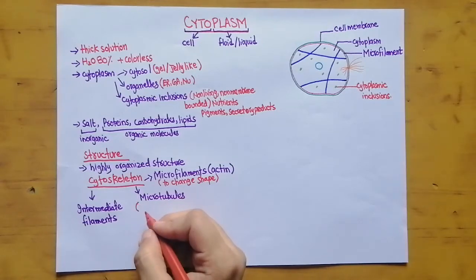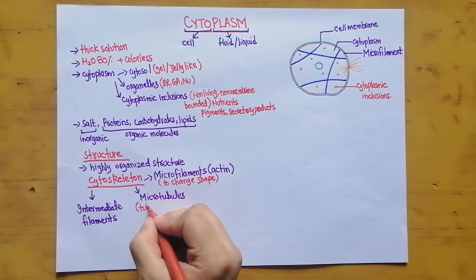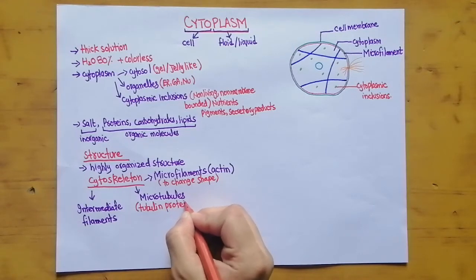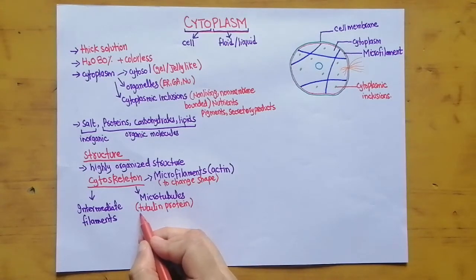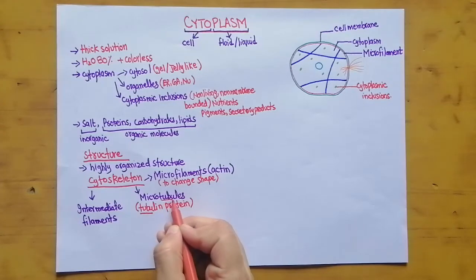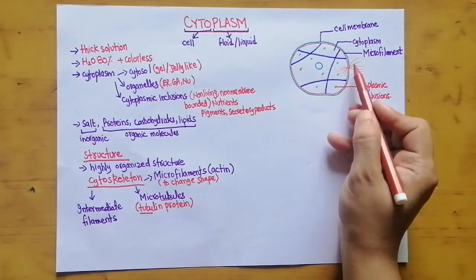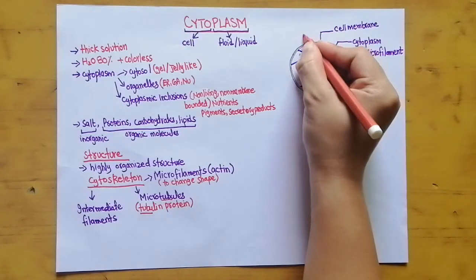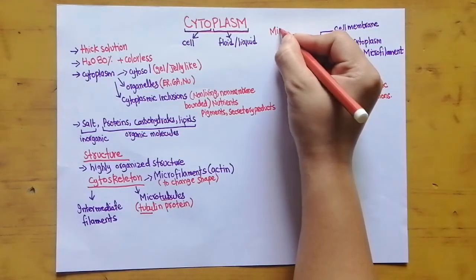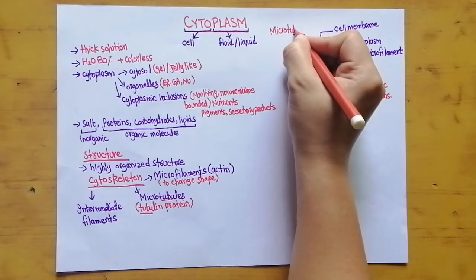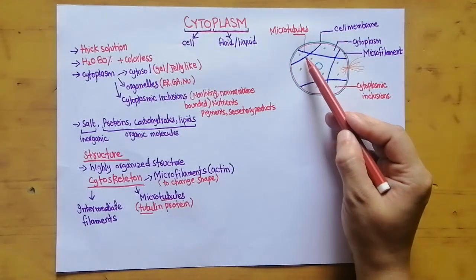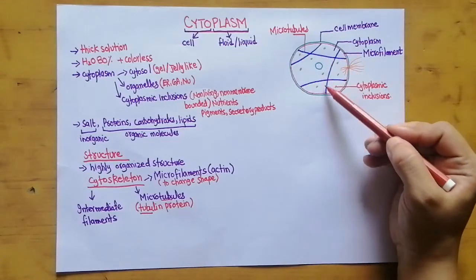The second one is microtubule. The microtubules are made up of tubulin protein. As the name indicates, tube and tube. In this cell, this blue one, they are microtubules. Microtubules are actually hollow and present inside the cell.